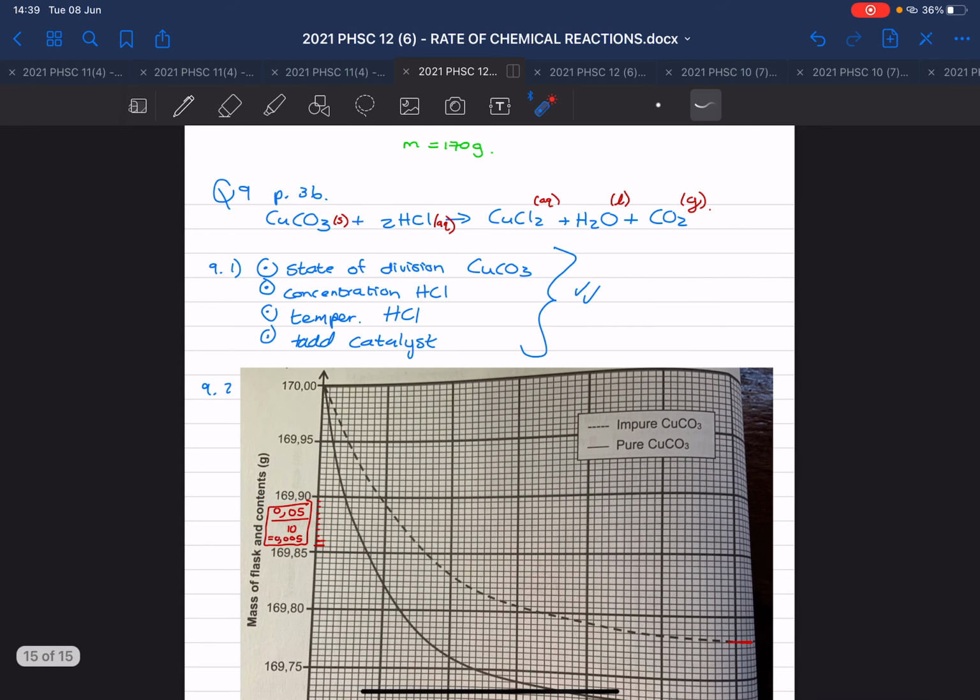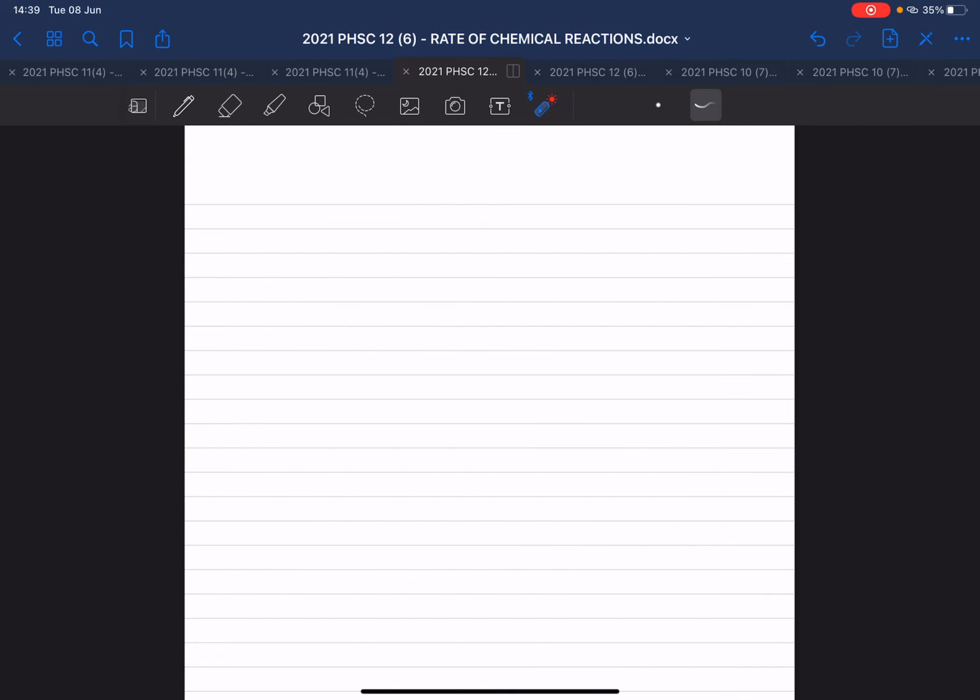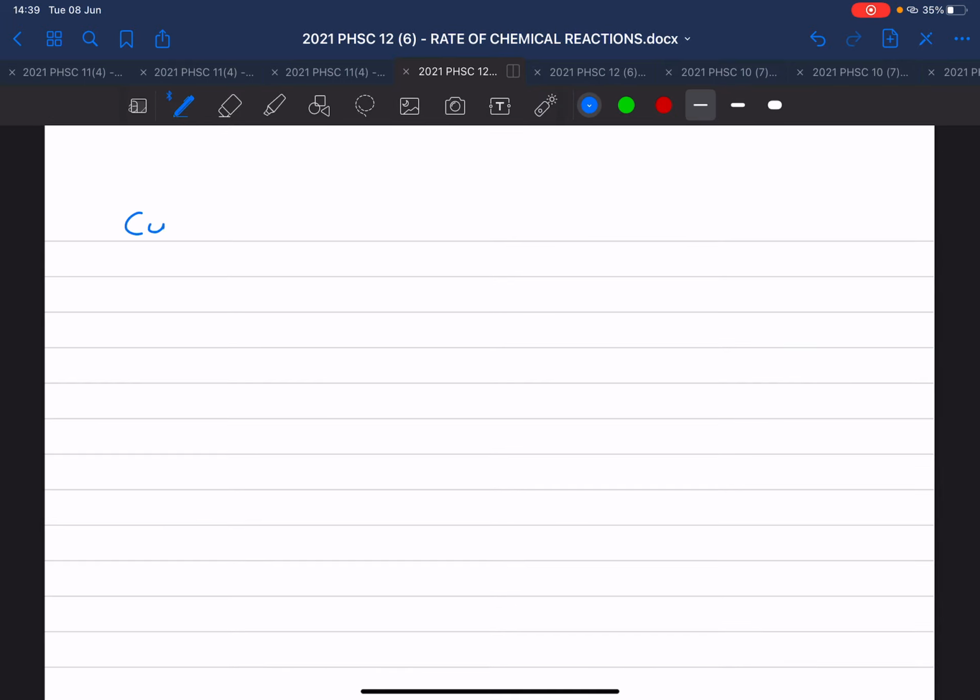The carbon dioxide gas is formed, and that is released into the atmosphere. So I'm going to write here again the reaction: copper carbonate plus 2 hydrochloric acid, I think, gives you copper chloride plus water plus carbon dioxide. Now, because carbon dioxide is the only gas, you can see in the picture the gas can escape.